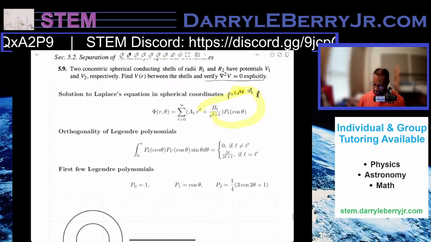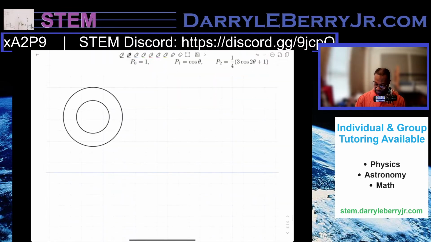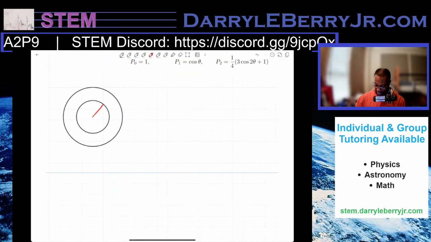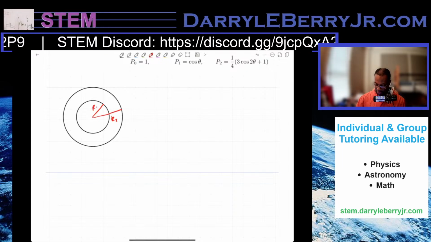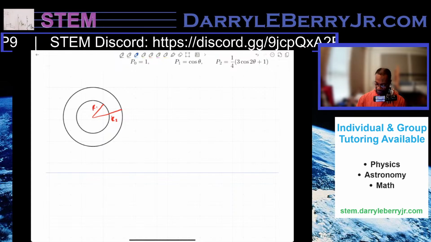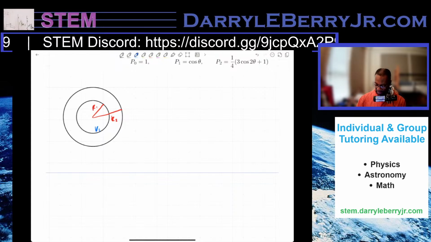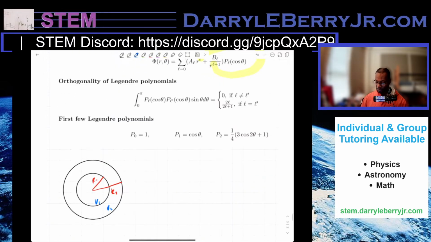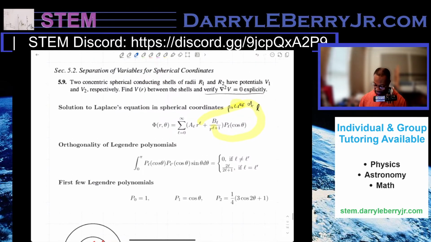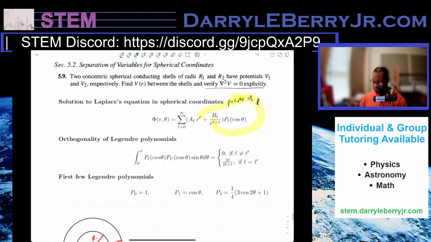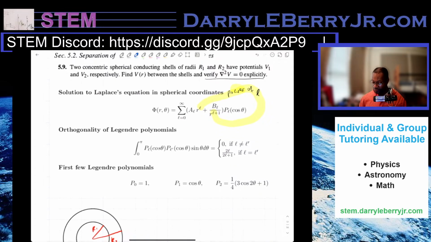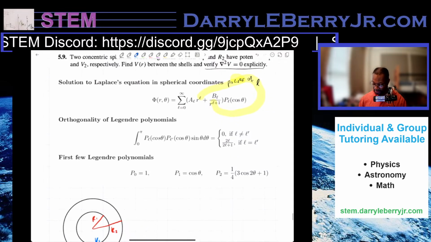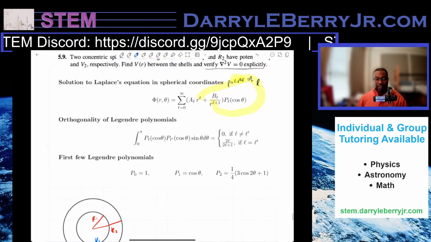Radius R1 and R2, potentials V1 and V2. We have R1, R2, and electric potential 1, electric potential 2. Find V(r) between the shells and verify the del squared V equals 0 explicitly. All right.